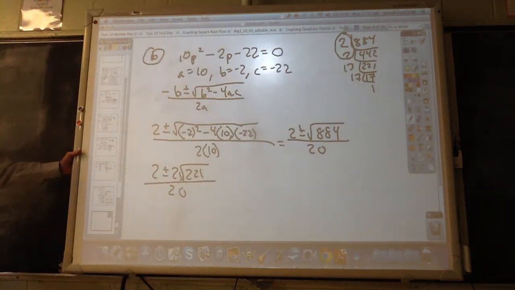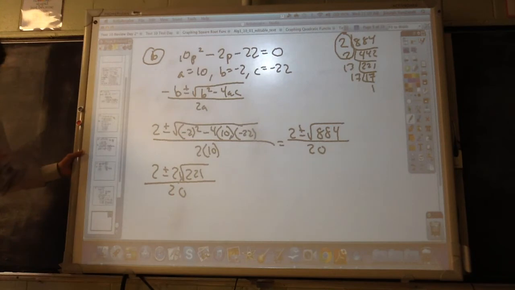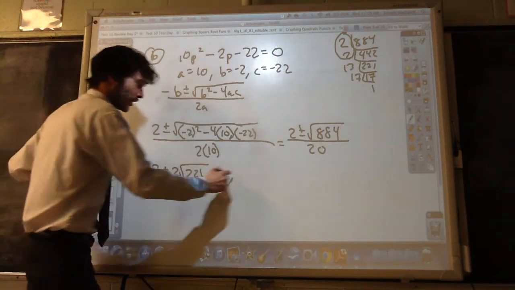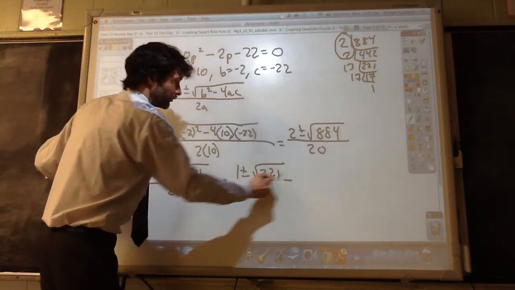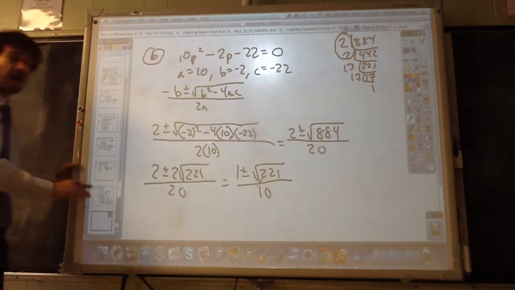Still not done with my simplification, but this last step should be really easy. Check all the outside numbers to see if they're divisible by the same thing. They are divisible by 2, so divide them all by 2. And 2 divided by 2 is 1. This 2 divided by 2 is 1. I don't have to write that one. And 20 divided by 2 is 10. So now I've finally simplified it.